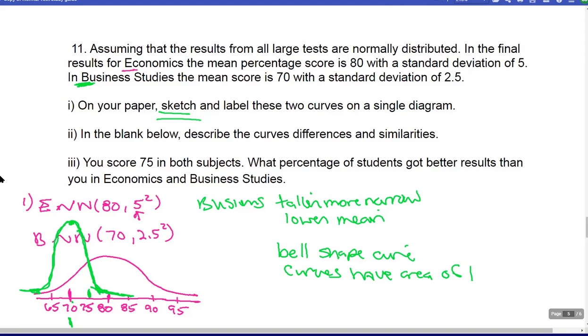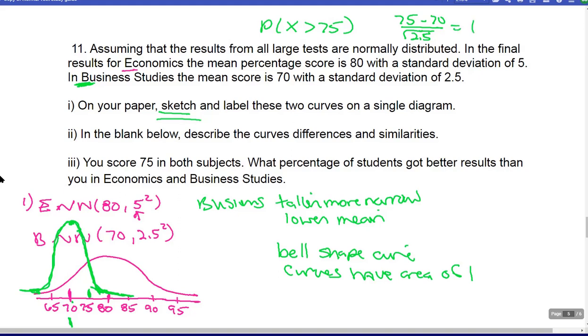But we can figure it out, because it would be the probability that the score, X, is greater than 75. And we do 75 minus 70 over the square root of 2.5. Let's see, 75 minus 70, that's 5, divided by the square root, oh, that's 5 too. So it's going to be 1, right?